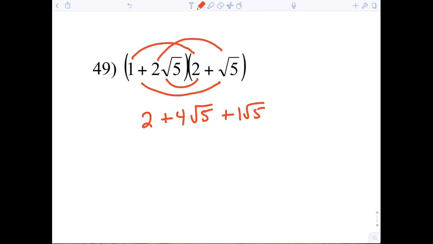Now we're doing from here to here, which would be plus 2 times 5. So your final answer is what? 12 plus 5 radical 5, right?